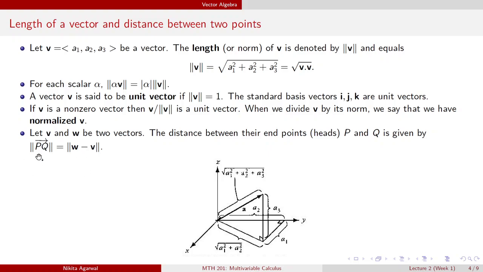So the vector PQ is nothing but W minus V. So the length of this vector is nothing but the length of W minus V.